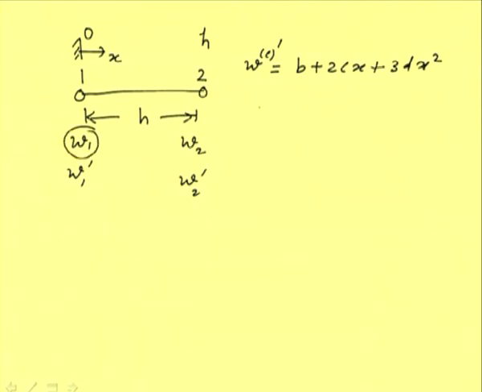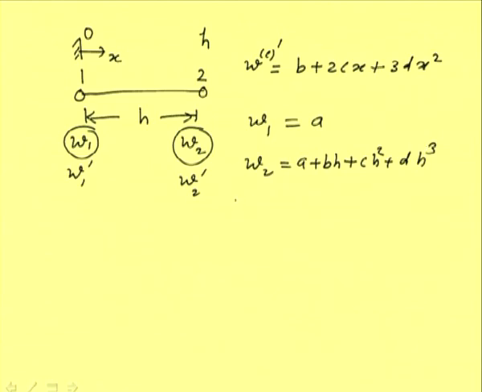The first boundary condition gives us w1 equal to a, then the second gives us w2 equal to a plus b h plus c h square plus d h cube, because we have to substitute x equal to h.